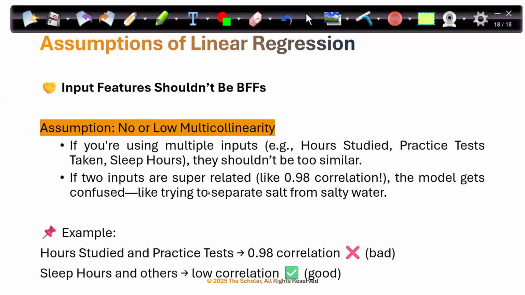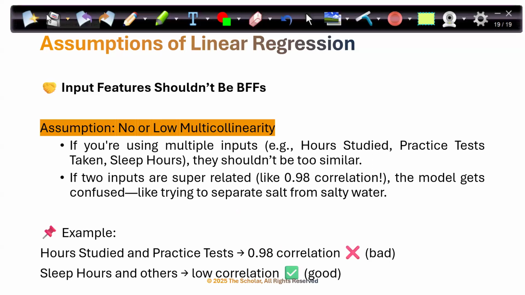If two inputs are super related, very high correlation, the model gets confused, like trying to separate salt from salty water. If two features are having a good correlation, then that is bad for my model. If two features are having no correlation, that is good for my model. Right?